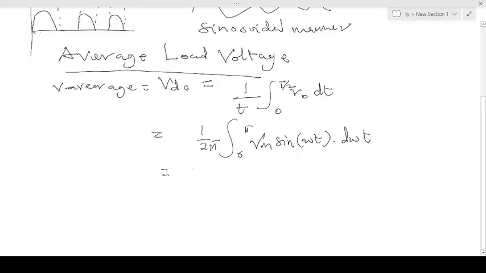If you integrate sine omega t, you get negative cos omega t. So we have Vm over 2 pi multiplying the negative cos of omega t.